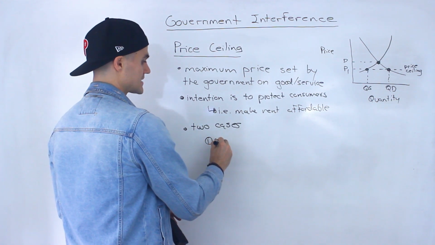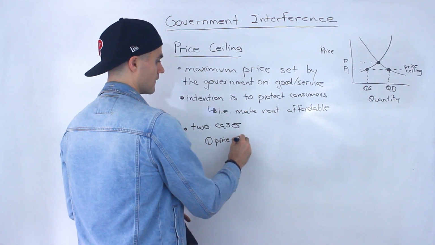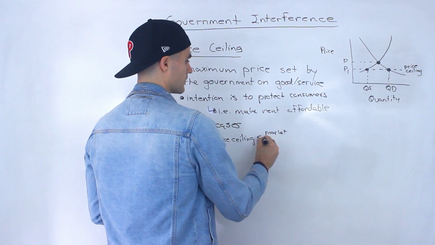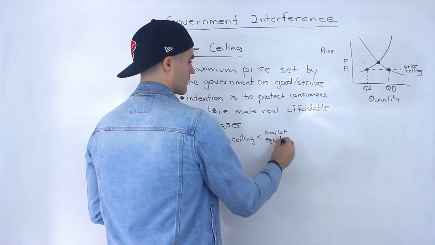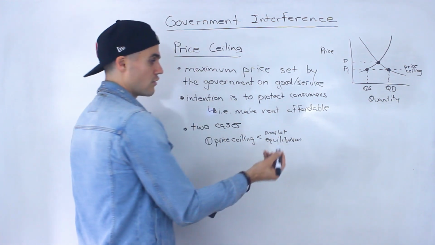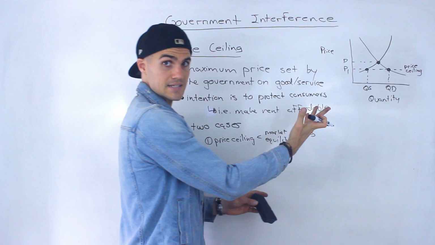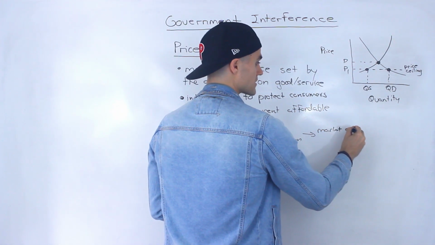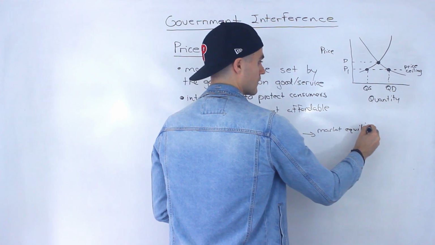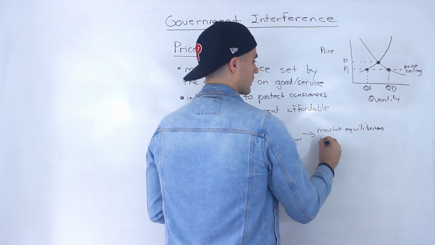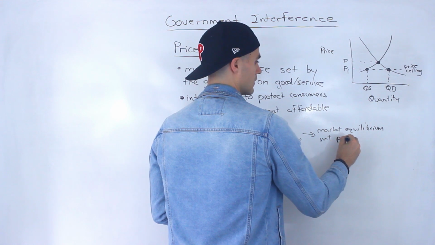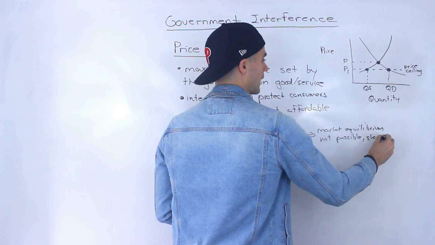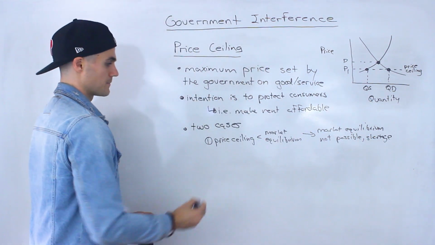So if that price ceiling is less than the market equilibrium, then, like in this case here, that market equilibrium is not possible. And more specifically, because there's going to be a shortage. That quantity demanded is going to be greater than that quantity supplied.